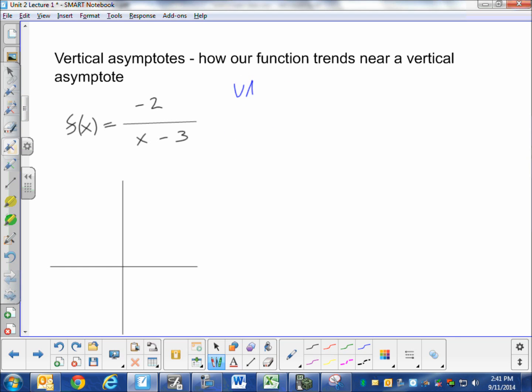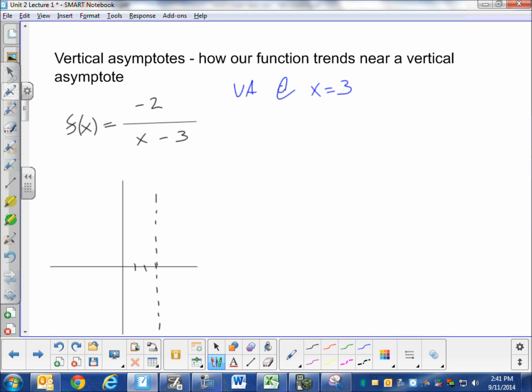It's easy. You can just look and say, can't plug in 3. If I plug in 3, we'd have an undefined value. That's the easy stuff. On a graph that I want to sketch, I could go ahead and place this dotted line here and say, there's my vertical asymptote. Great.